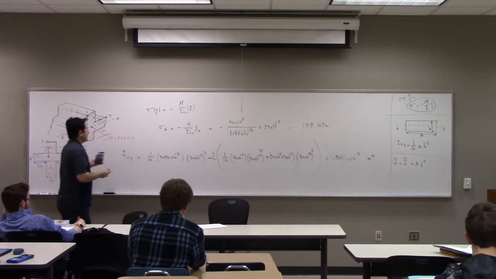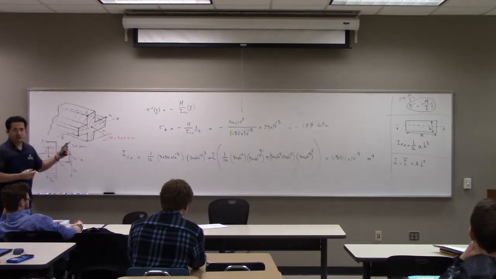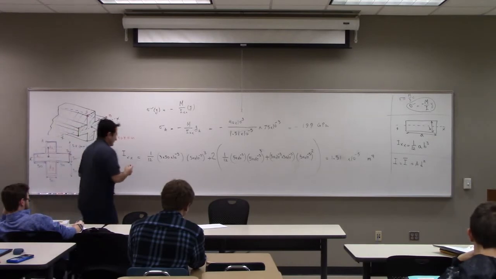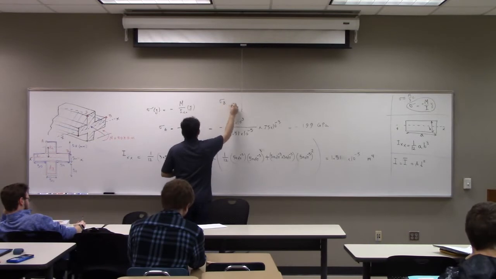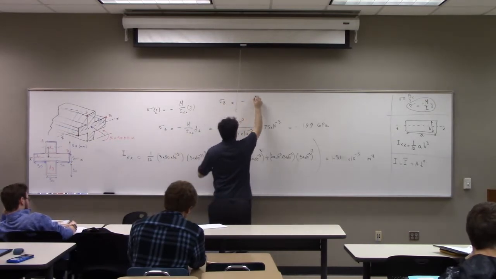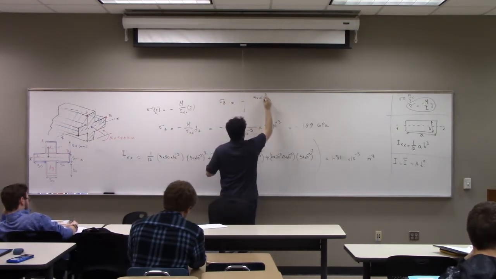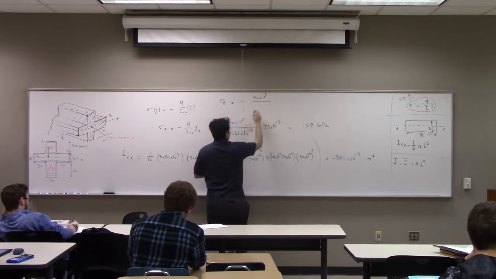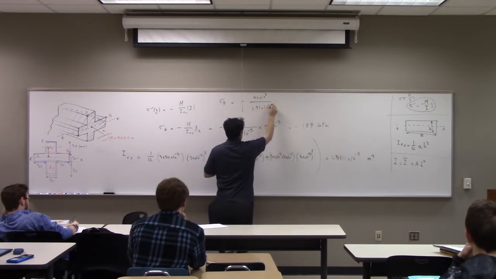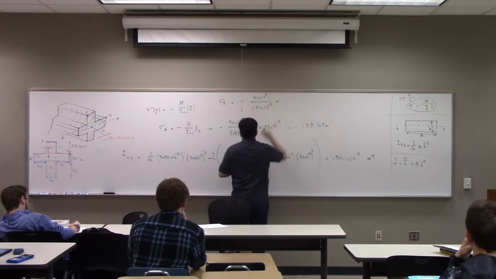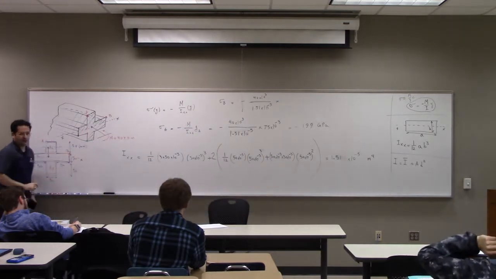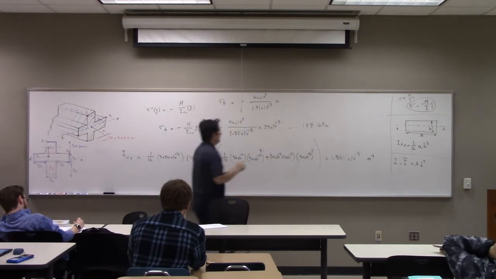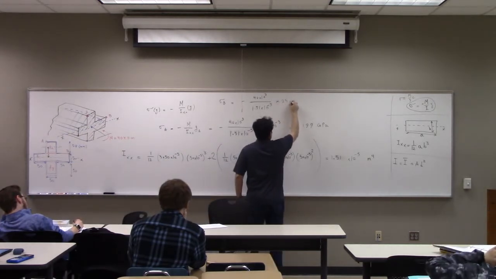Alright? Now, what about sigma B? Sigma at point B is equal to negative, moment is the same, 40 times 10 to the 3. Moment of inertia is the same, 1.51 times 10 to the negative 5. And then y is different. y is 25. Don't forget the 10 to the negative 3.